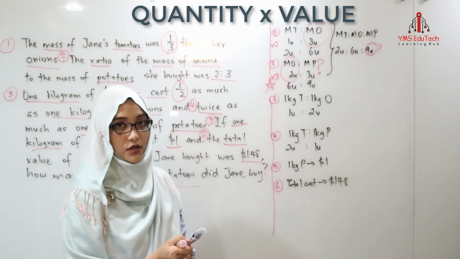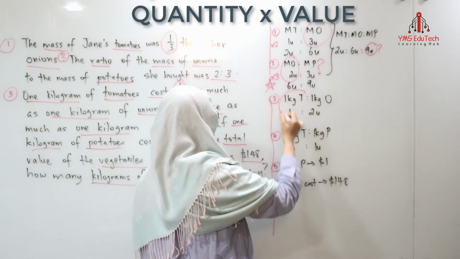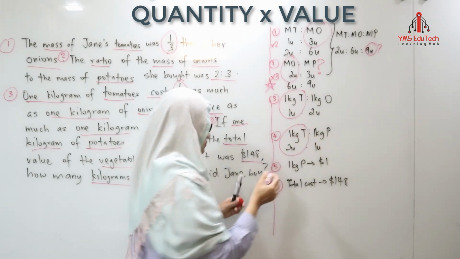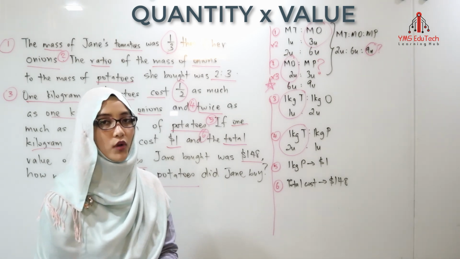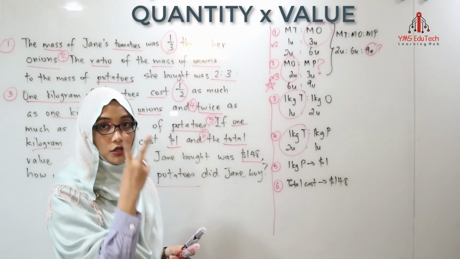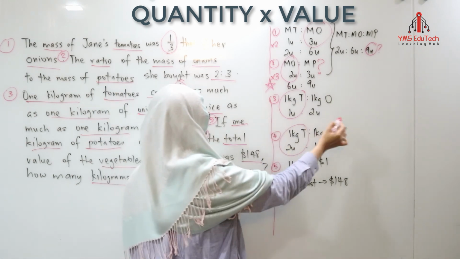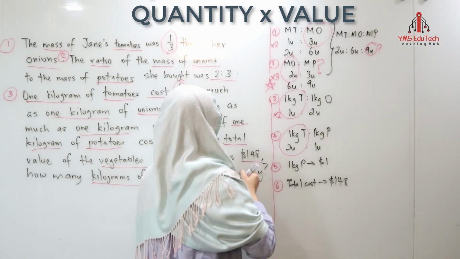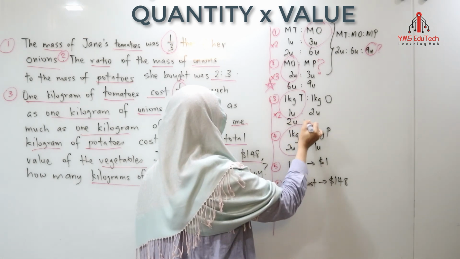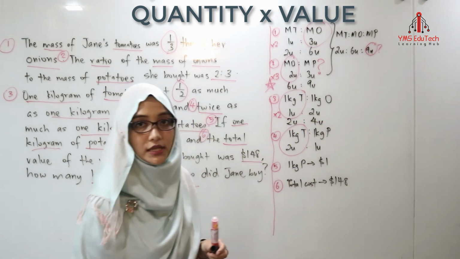So there's a repeated item here, which is the tomatoes. What is the first common multiple of 1 and 2? That will be 2. So for this row, I must multiply by 2, and I will get 2 units is to 4 units.